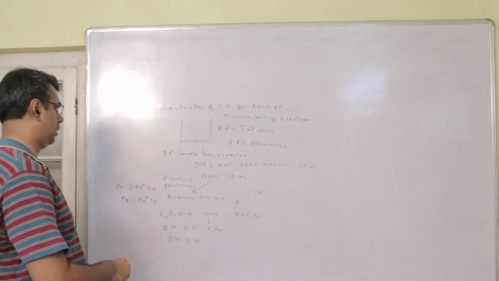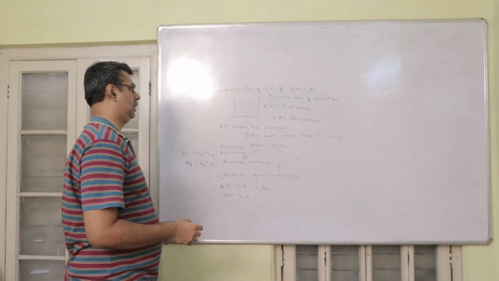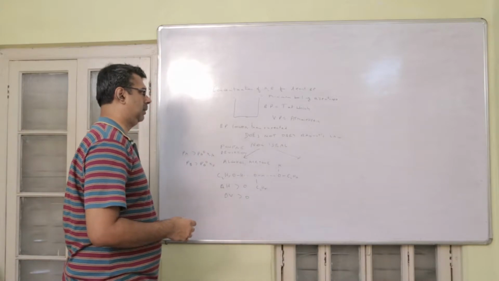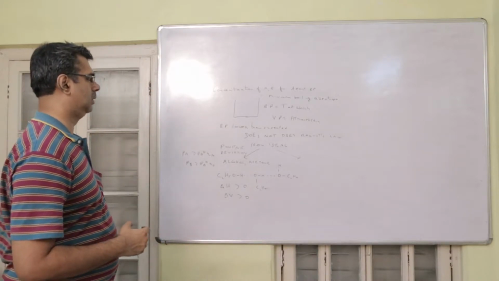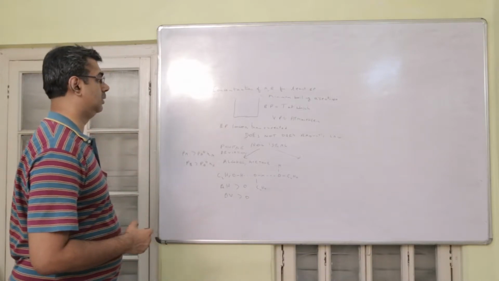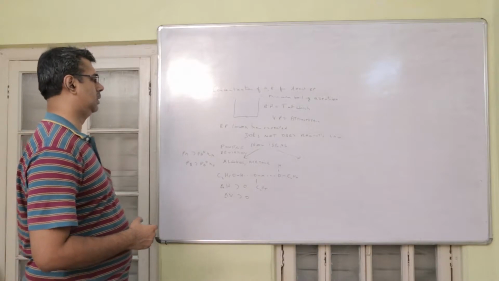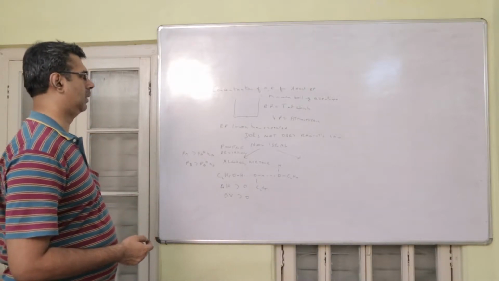So at a certain concentration of A and B, the mixture has the least boiling point and it is called a minimum boiling azeotrope. In a minimum boiling azeotrope, the two components boil off at a common temperature which is lower than the individual boiling points.